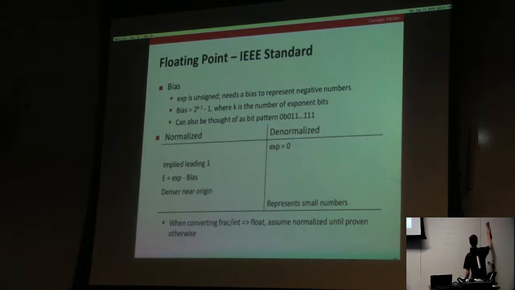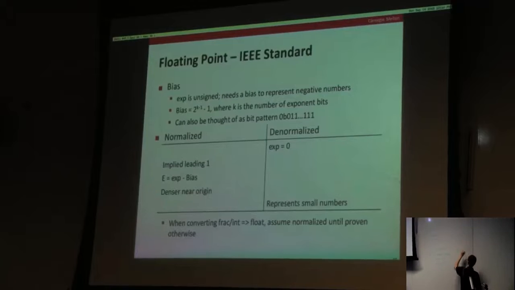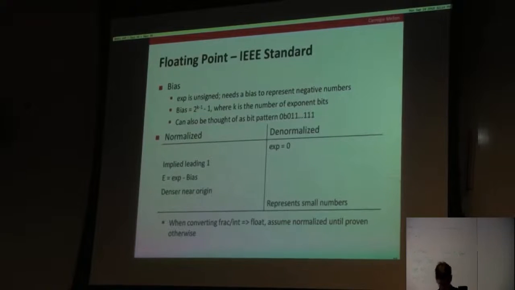So there's a separate format for denormalized numbers. With denormalized, what we're going to do is we're going to say m is actually equal to 0 dot whatever is in the frac bits.